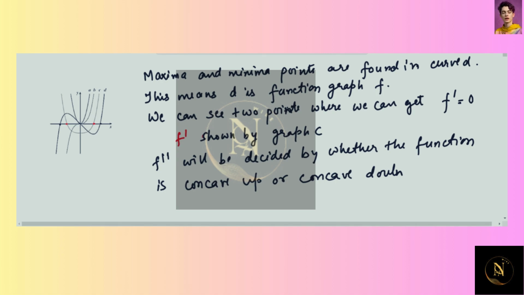Because in graph C, it is decreasing first and then increasing. So after differentiation, the graph should increase first, concave up that is, and then it should decrease.